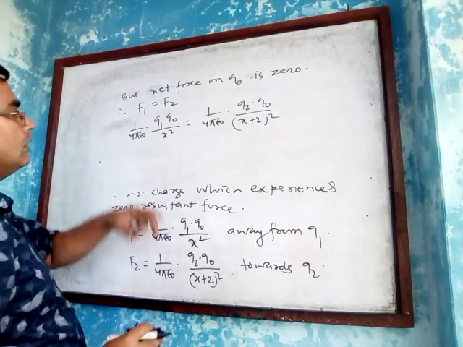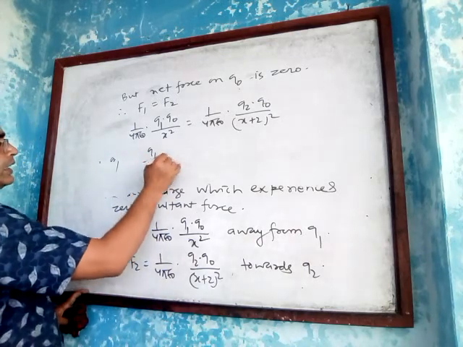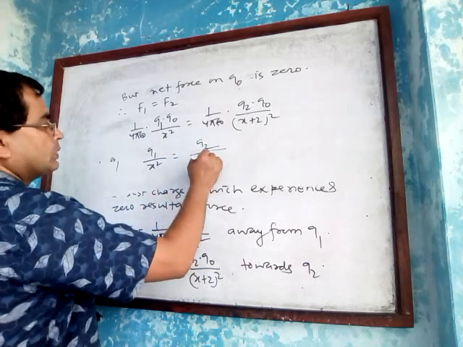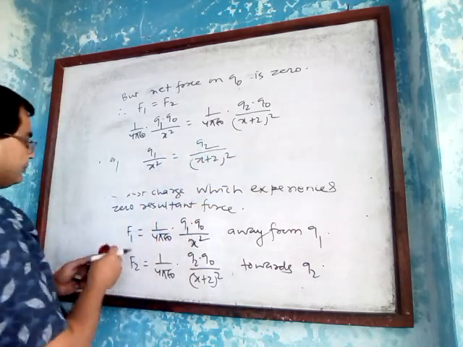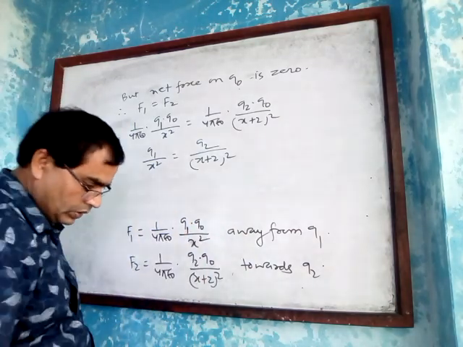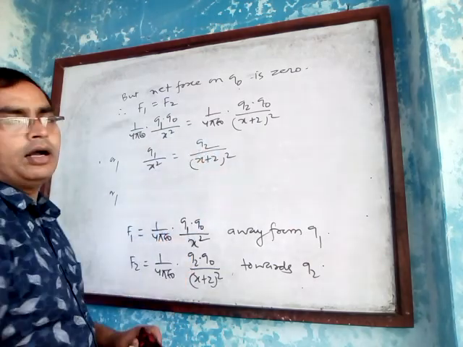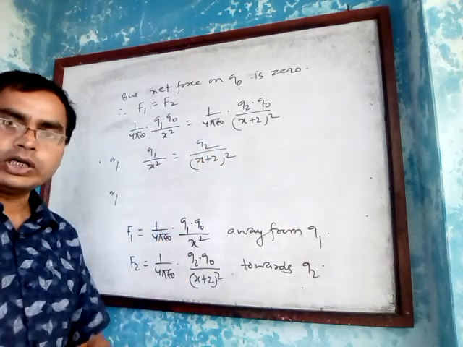Okay, or Q1 upon x square equals Q2 upon x plus 2 to the whole square. Only we have to put the value of the two charges, not the sign.